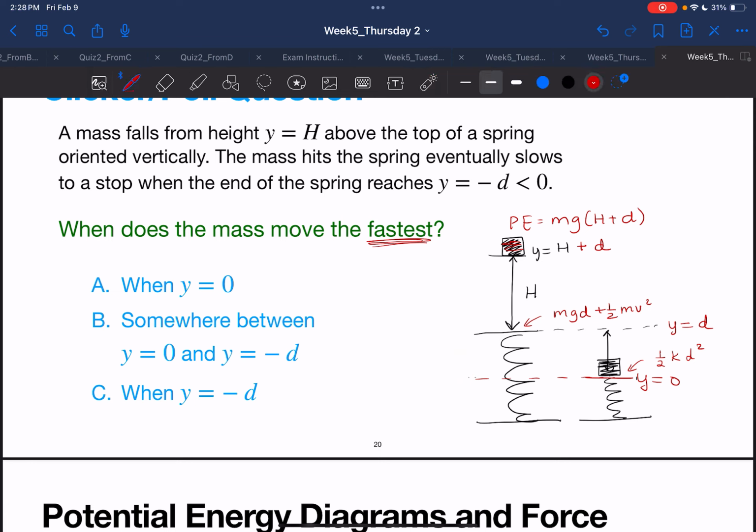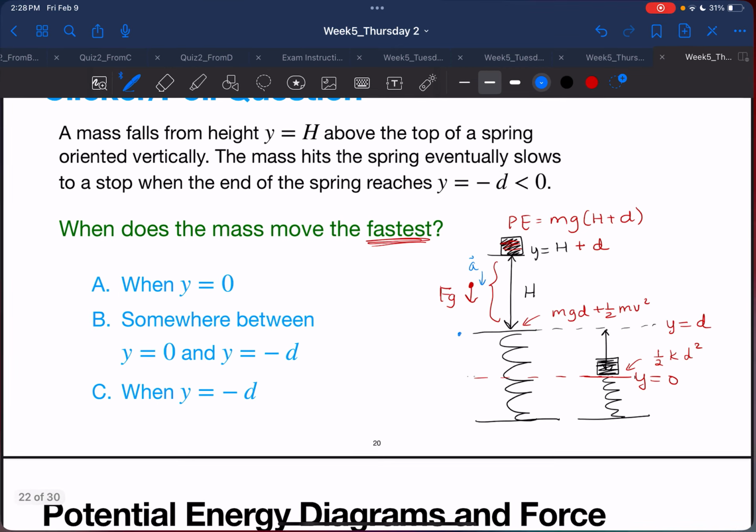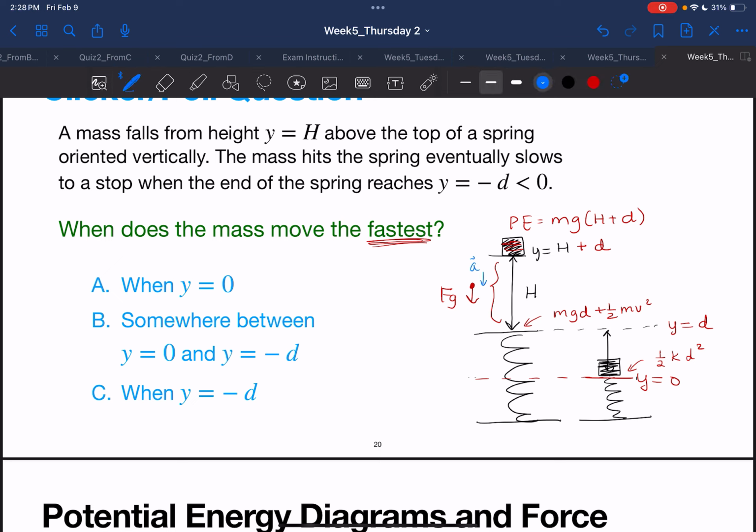Drawing a free body diagram of the block somewhere from here to here, the only force acting on it is Fg, meaning the overall acceleration of this block is downward, so it's speeding up. Then when we get to a point here, the only force is still the force of gravity, but now let's consider a point where the spring is being compressed some amount.